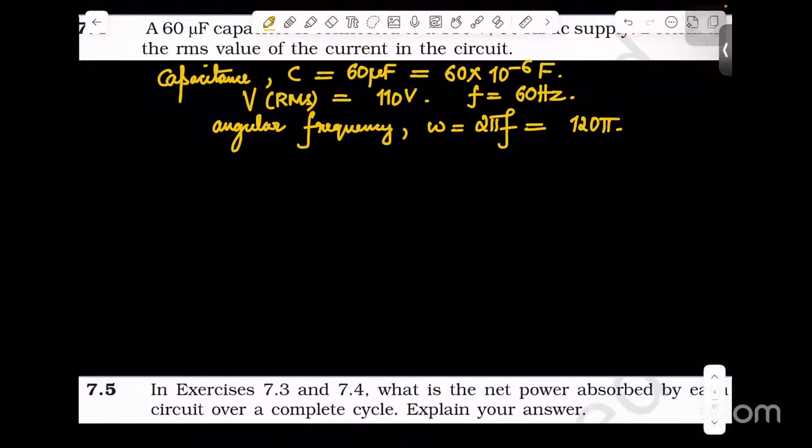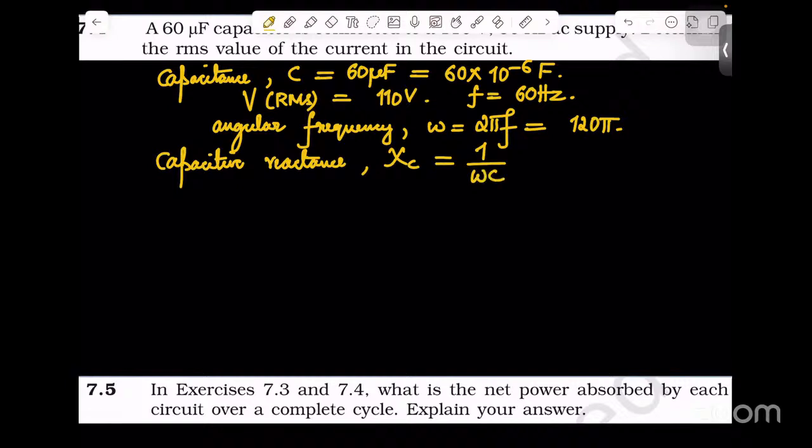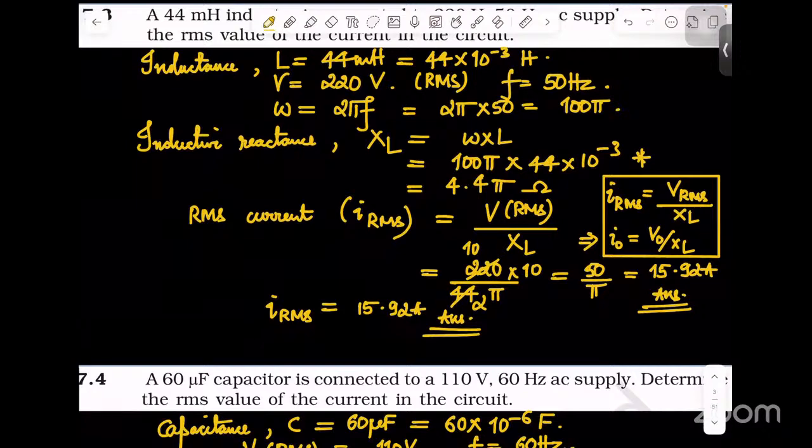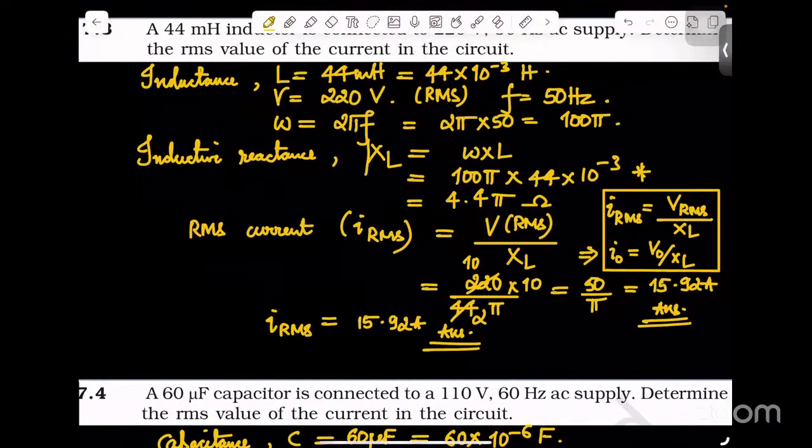Now, in the previous case, we had to calculate the inductive reactance. In this case, we'll calculate the capacitive reactance, X_C. X_C is 1 over omega C. Inductive reactance is omega times L, so this also you need to remember from the previous question.